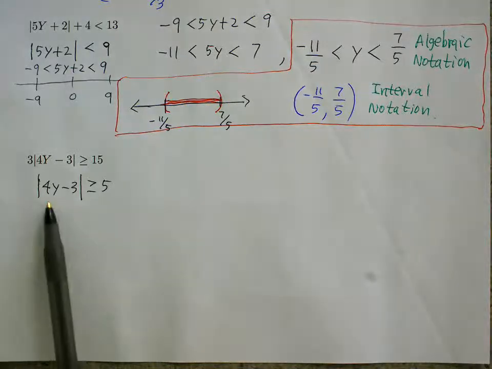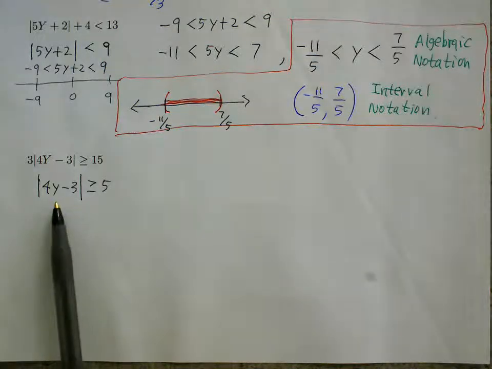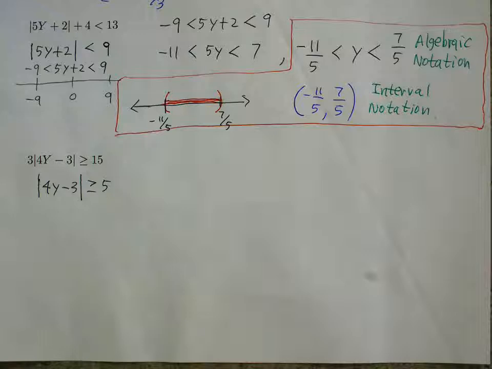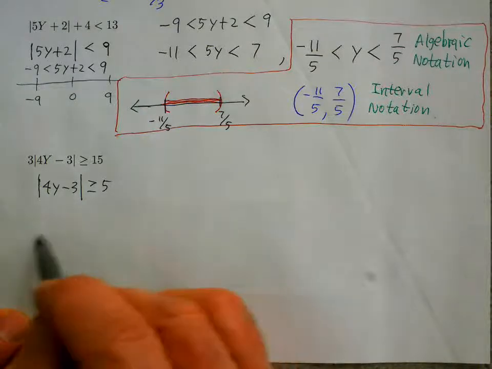Okay, so 4y minus 3 just represents a number. If the absolute value of a number is greater than or equal to 5, then that number must not get closer than 5 from either side.